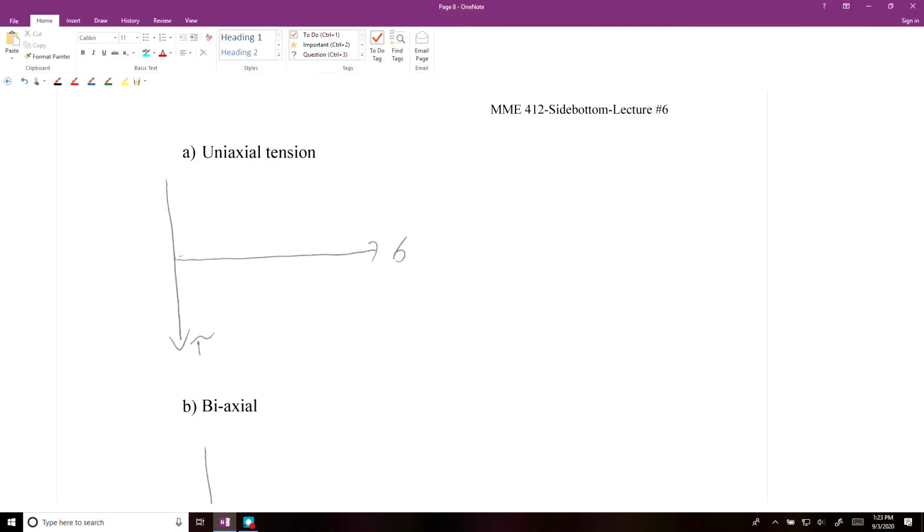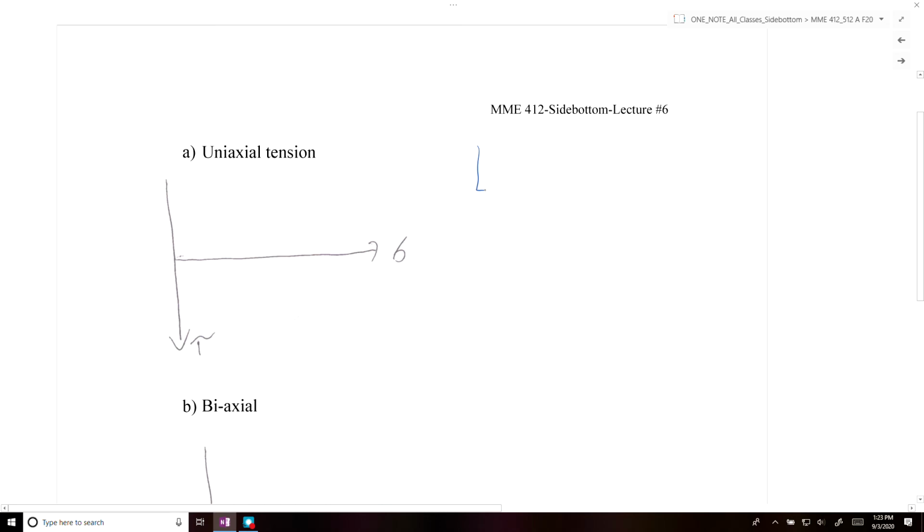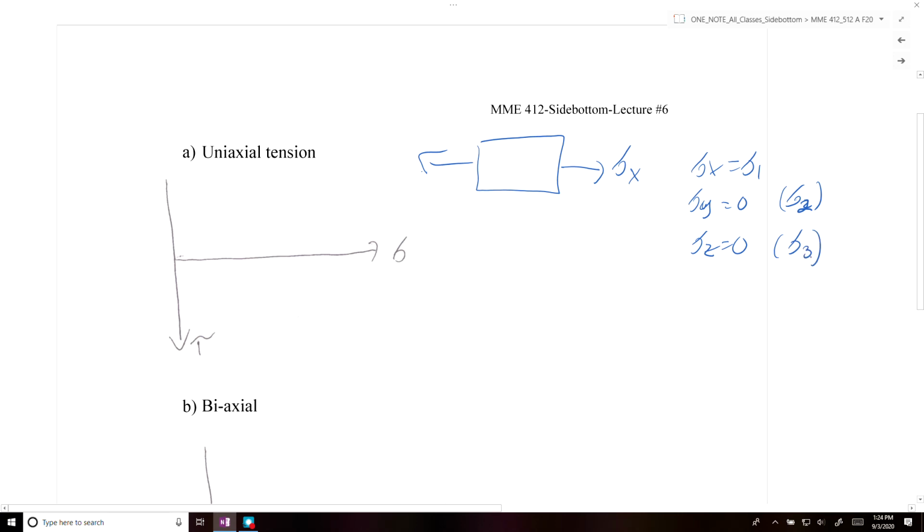In this case, sigma x is going to be equal to our first principal stress, and sigma y is 0, and sigma z would also be 0. So sigma y and sigma z are our second and third principal stresses.